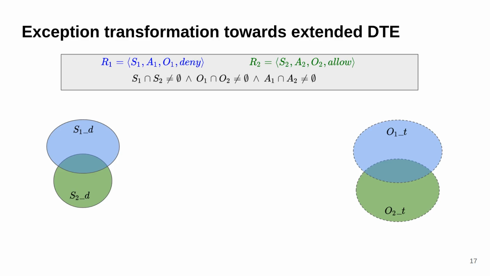We then create a DTO domain O1D and a domain transition between S1D and O1D, knowing that the domain transition is enabled only if the subject that is going to transit wants to perform the action A1 on an object having the type O1.